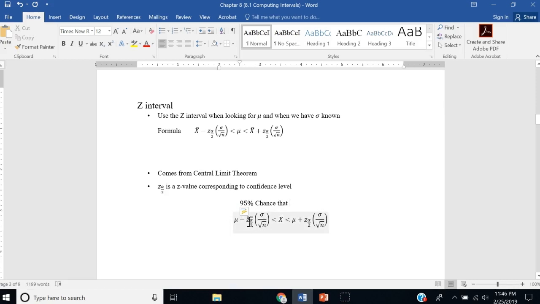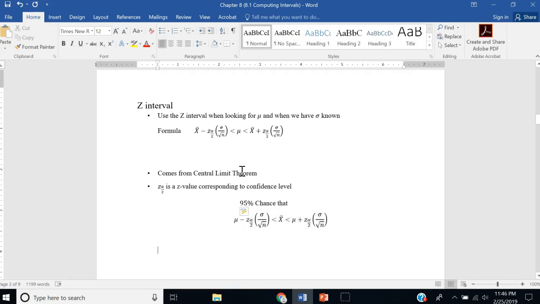Now, the z value is the z value of alpha over 2. Again, I'm going to talk about how to calculate that z value in a second. And there we go. And so my sample average has a 95% chance of being between here and here.